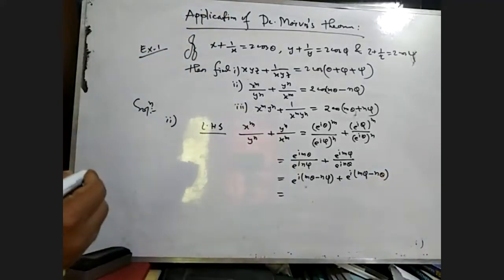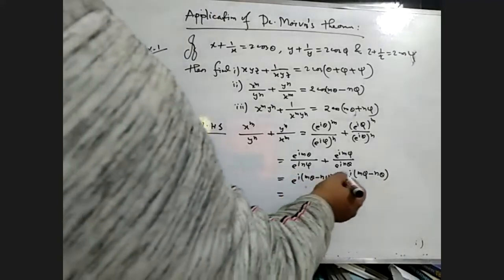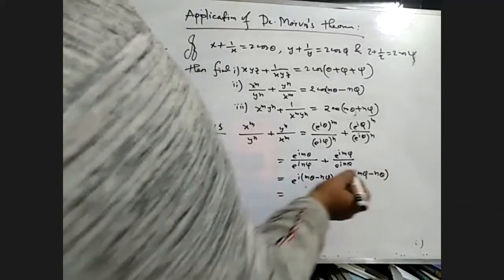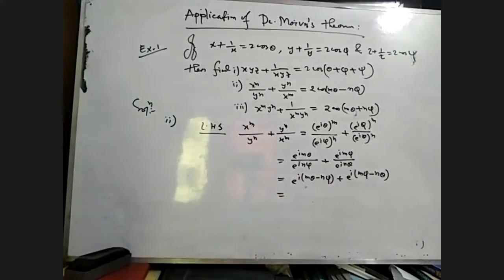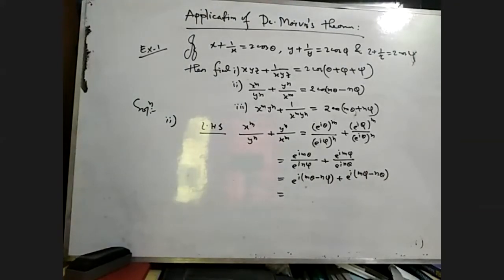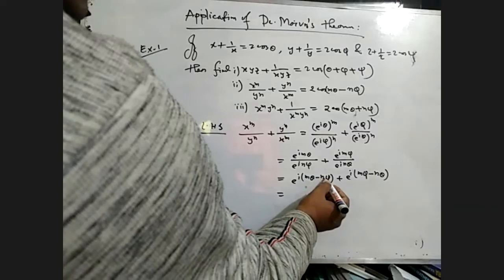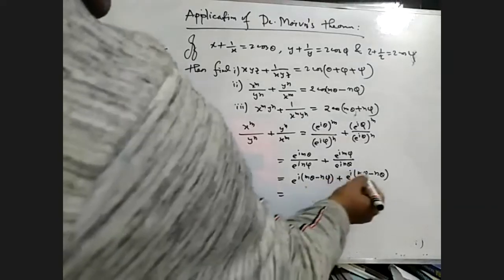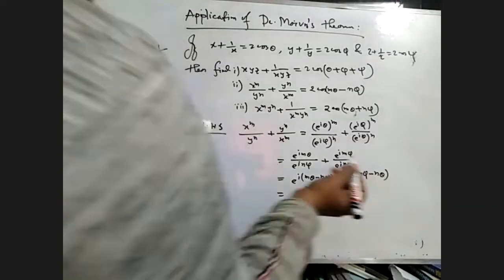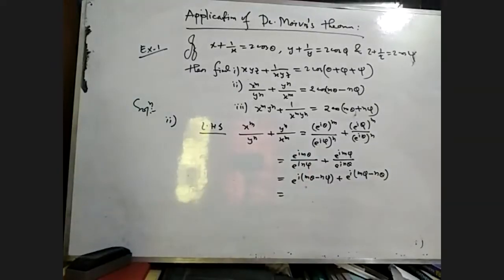Now using the formula e to the power i theta, this same theta, we can write this is the m theta n phi.